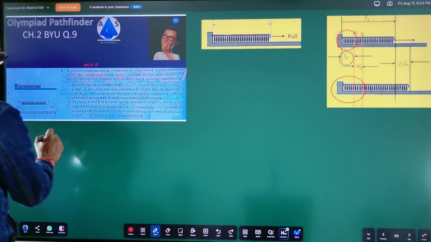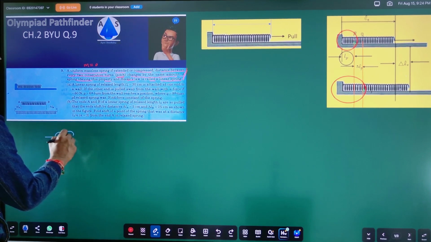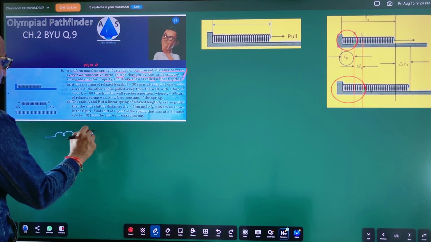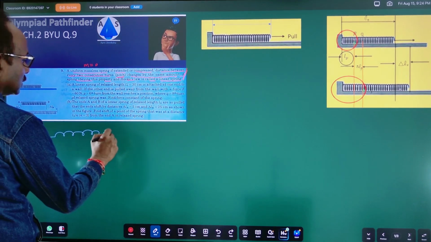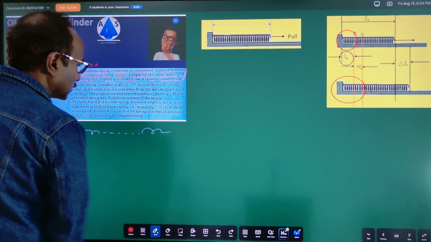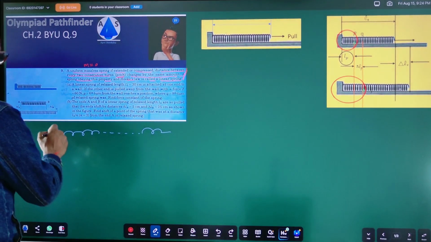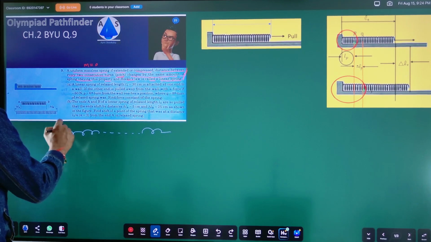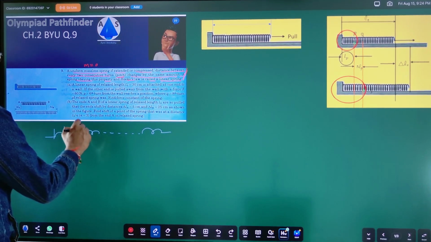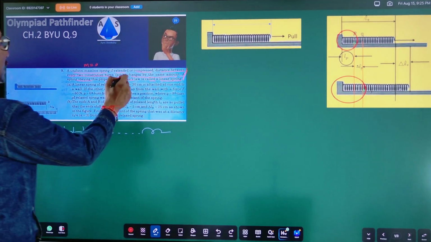It tells you that you have a linear spring like this. The distance between each turn is called pitch.